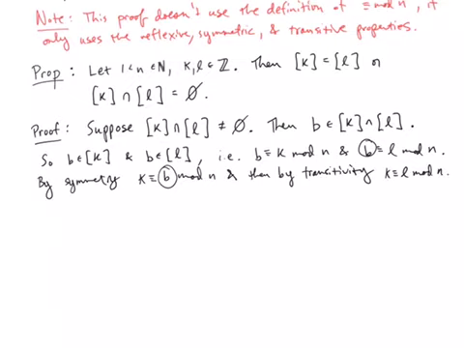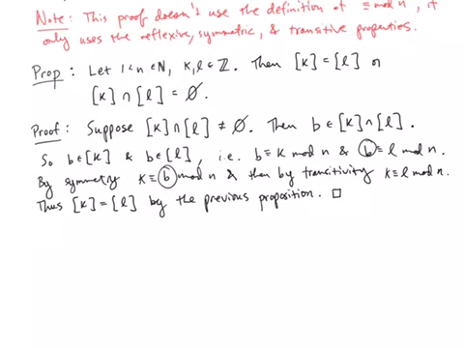And so by the previous proposition, the equivalence class of k and the equivalence class of l are equal. So thus, the equivalence class of k equals the equivalence class of l by the previous proposition. And that is the whole proof.